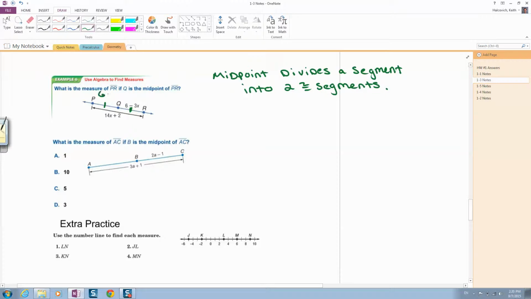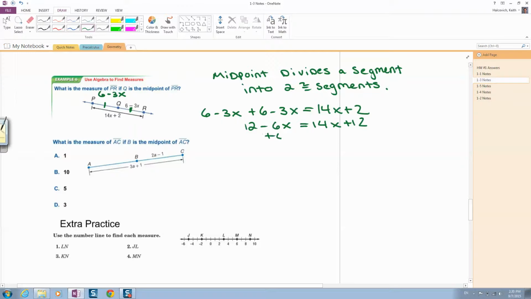So this is going to be 6 minus 3x. So you're going to have 6 minus 3x plus 6 minus 3x equals the whole thing of 14x plus 2. So 12 minus 6x equals 14x plus 2.